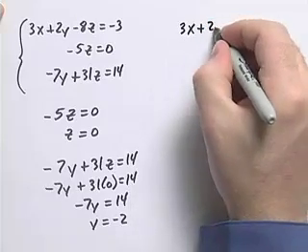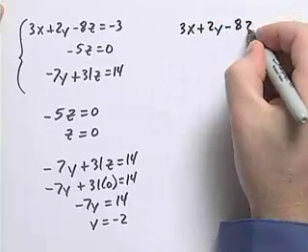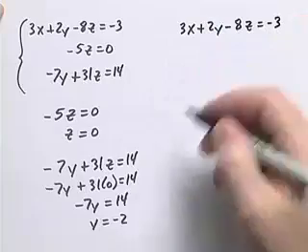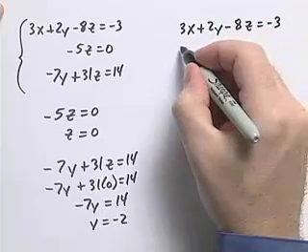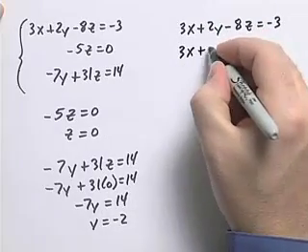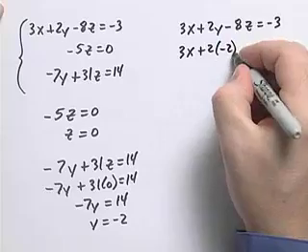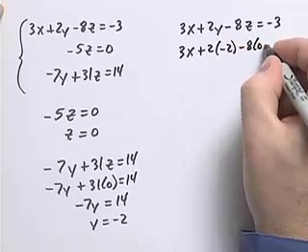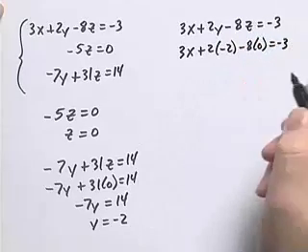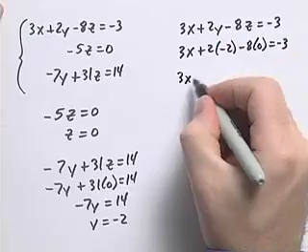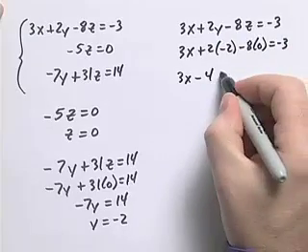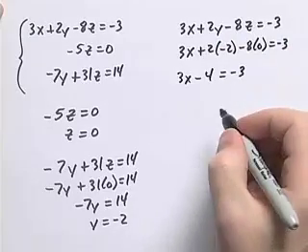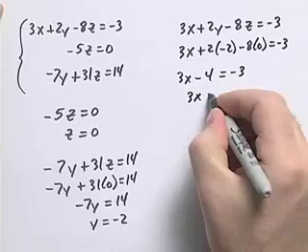3x plus 2y minus 8z equals negative 3. We're going to plug in our values for z and y. 3x plus 2 times negative 2 minus 8 times 0 equals negative 3. 3x minus 4 equals negative 3. Add 4 to both sides. 3x equals 1.